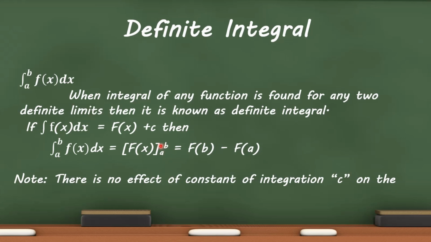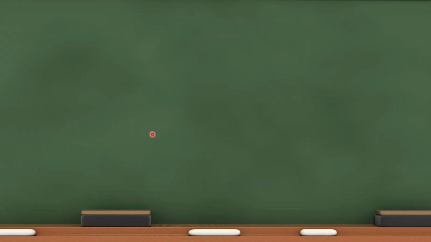First you put the value of b in place of x, you will get F(b), minus, in place of x write down a, F(a). Integration from a to b of f(x) dx equals F(b) minus F(a). There is no effect of the constant of integration on the value of a definite integral. Therefore, in case of a definite integral, there is no requirement to write the constant of integration c. It will cancel out when you subtract.